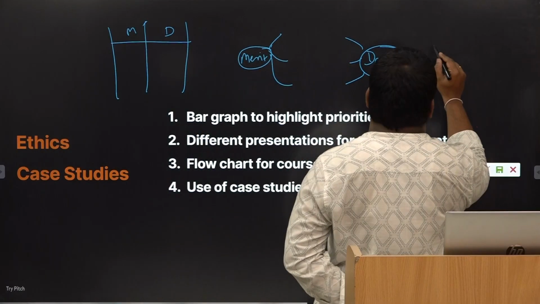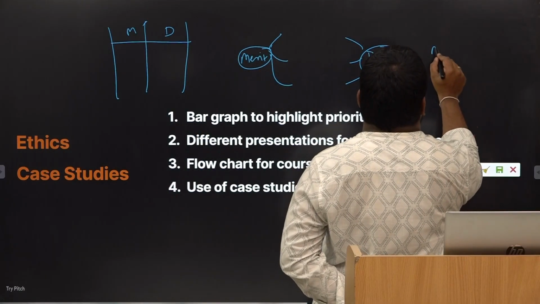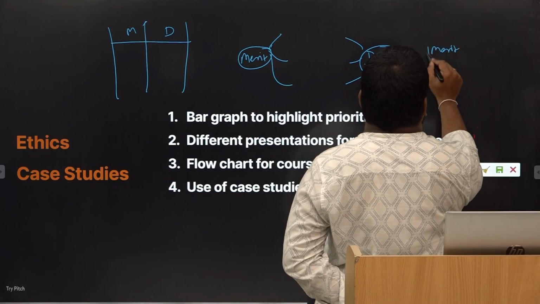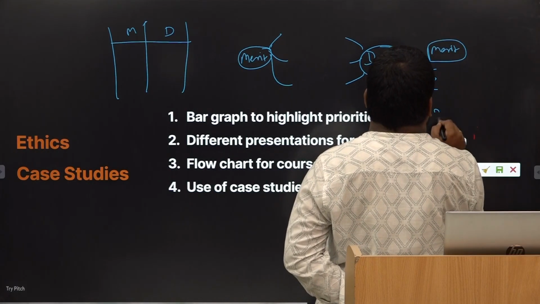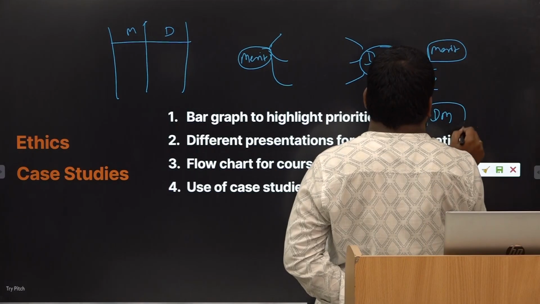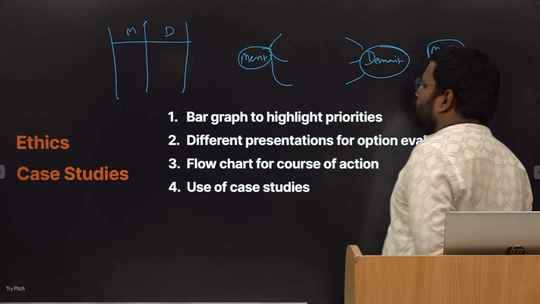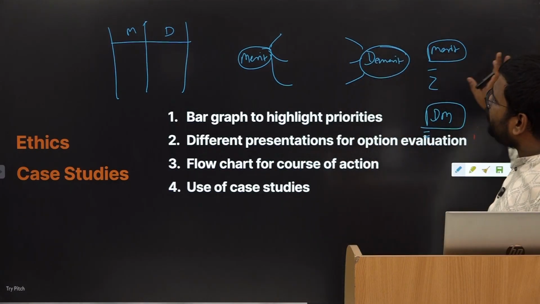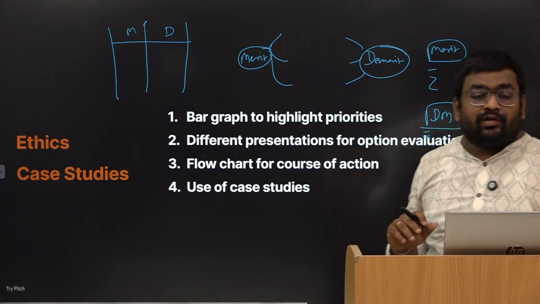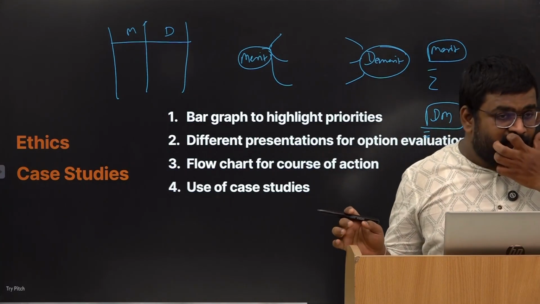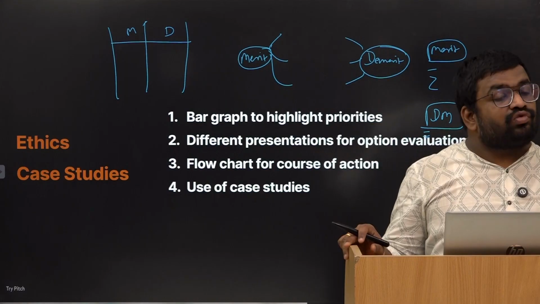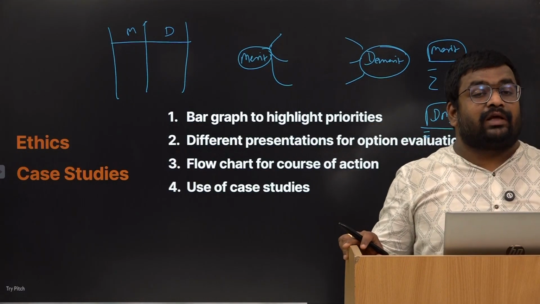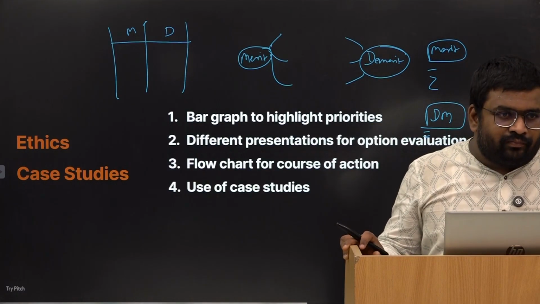Then third, you can simply use the point format, okay, if there are only two options. So in this way, you have to use different kinds of structures for your case studies so that your case studies don't become monotonous.